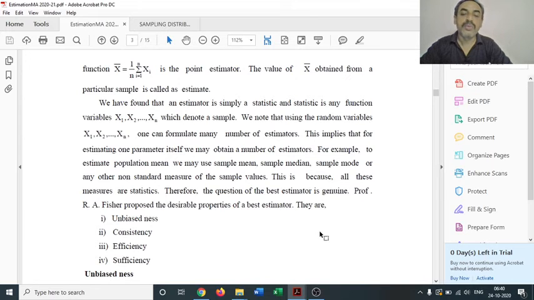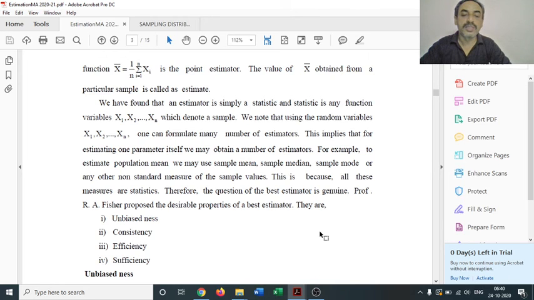So the issue is how to formulate this estimator. Every function of sample values can be proposed as an estimator. So sample mean is an estimator of population mean. Some other measure like sample median also can be proposed as an estimator of population mean. Sample mode also can be proposed as an estimator of population mean, because we are in the situation of proposing any function as an estimator of population proportion, population mean or parameters.